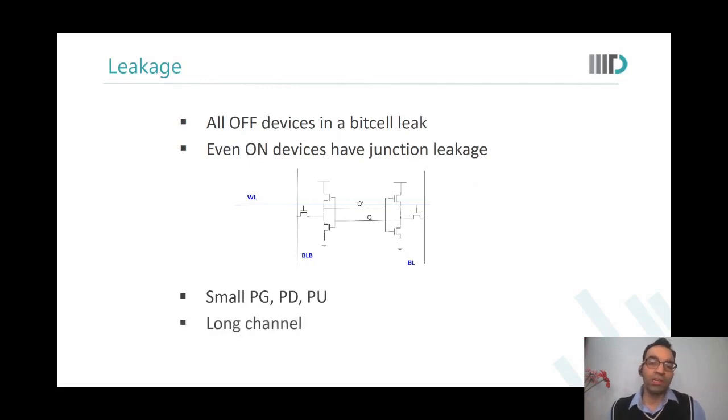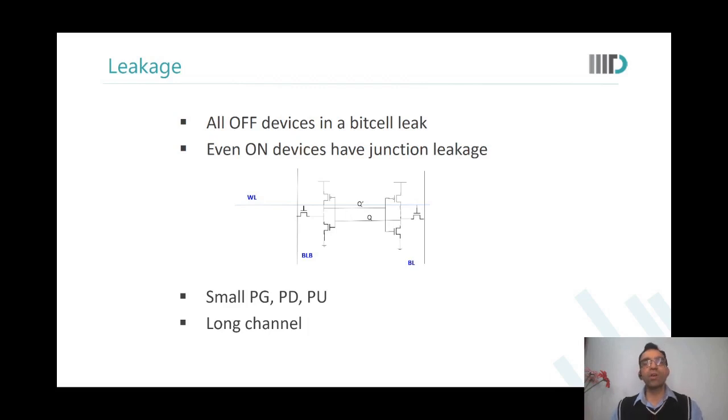You can also use long channel devices. So typically in an industrial SRAM cell, you will notice that if the minimum channel length allowed by a technology is, let us say, X, then the length that is used inside the memory cell would almost always be more than 10 or 20% more than this X. It will be 1.2x or 1.3x also at times.